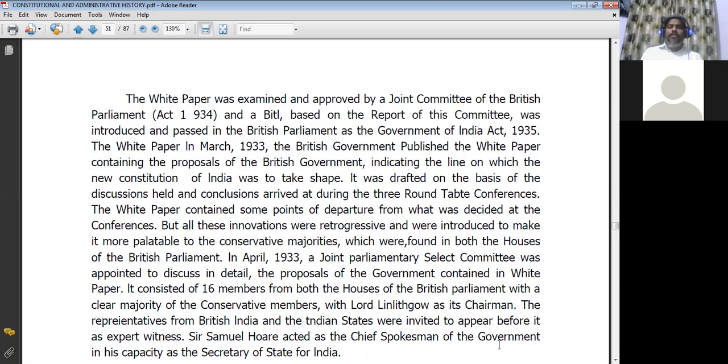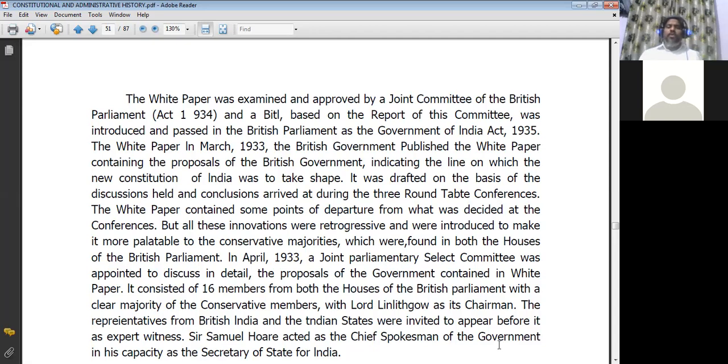In April 1933, a joint parliamentary select committee was appointed to discuss in detail the proposals of the government contained in the white paper. It consisted of 16 members from both houses of the British Parliament, with a clear majority of conservative members, with Lord Linlithgow as its chairman.